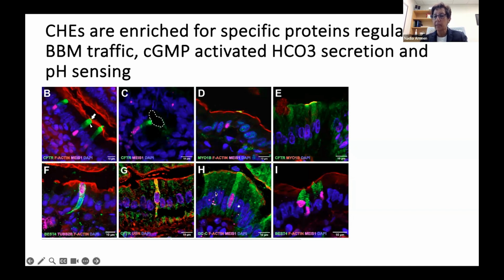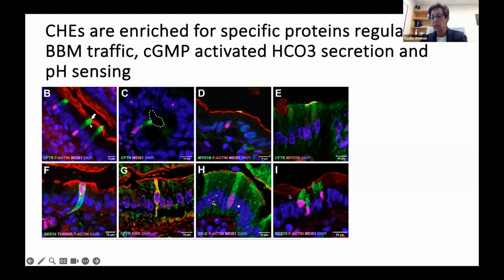GCC, the receptor for uroguanylin and for cyclic GMP ligands, is highly expressed in the cheese cells. This is very interesting because this receptor is predicted to be on the apical membrane, but here we have really high levels of GCC in the apical cytoplasm and throughout the cytoplasm of the cheese cell.